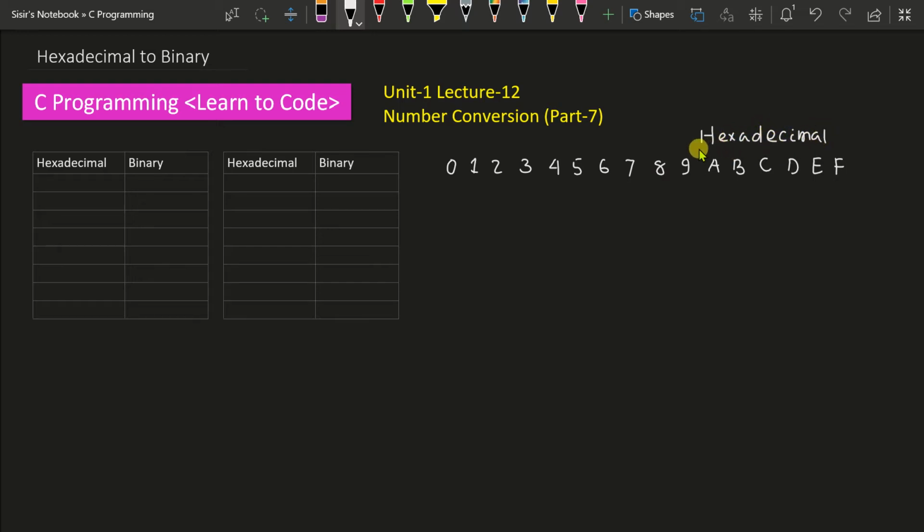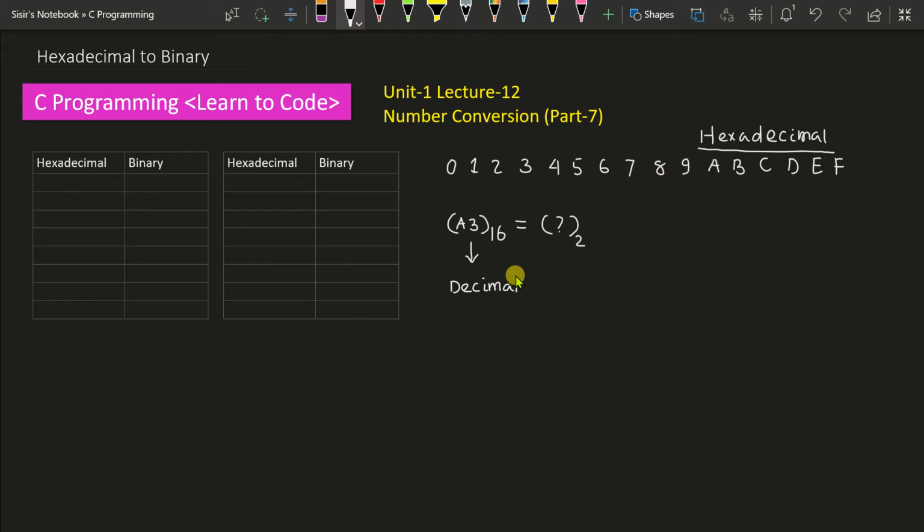Now, if one hexadecimal number is given to you, let's say A3, and you are asked to find its binary equivalent, how to solve it? The first method is to convert this hexadecimal number to its corresponding decimal equivalent.